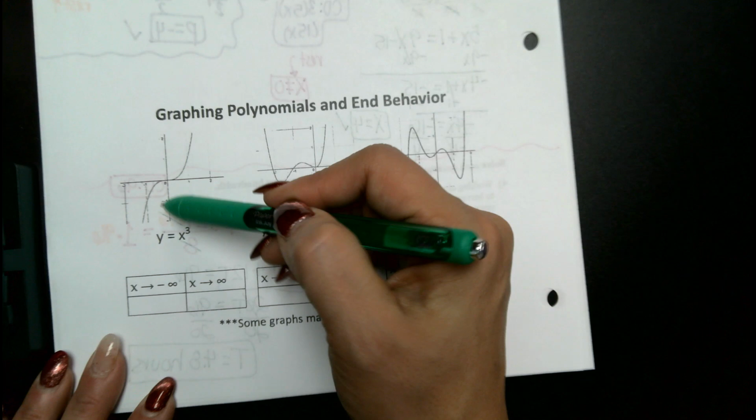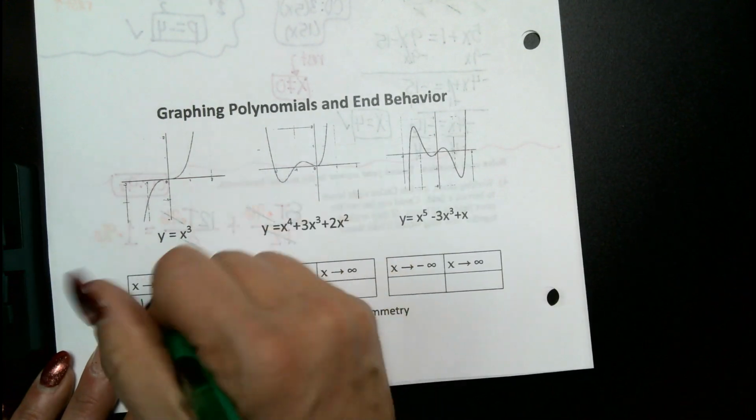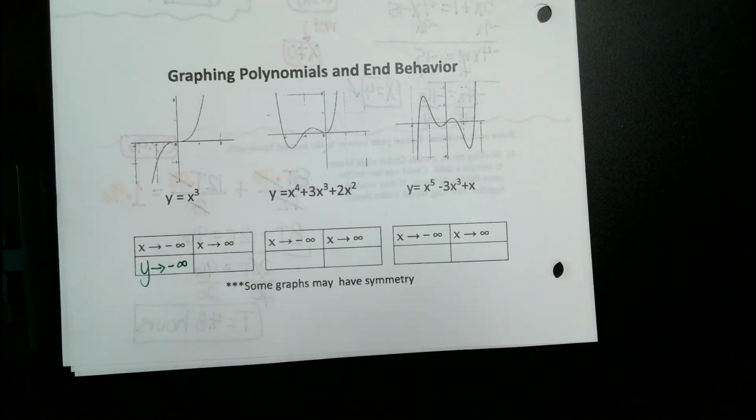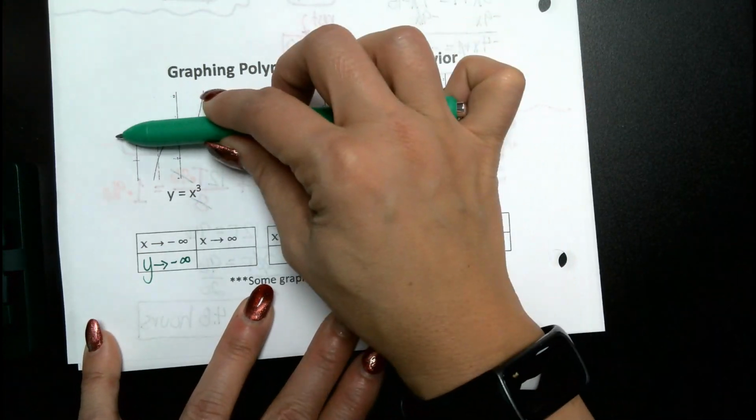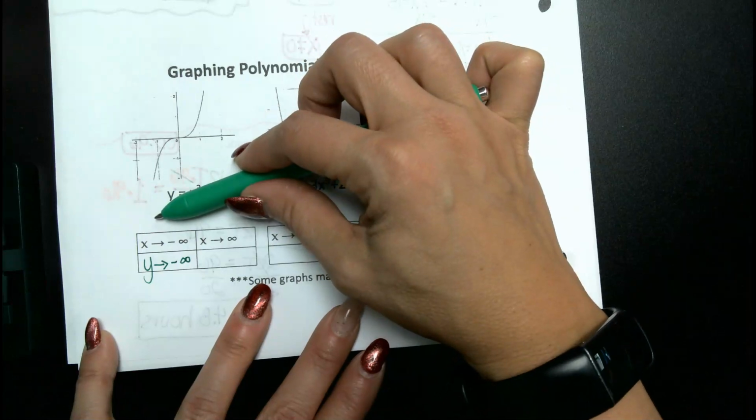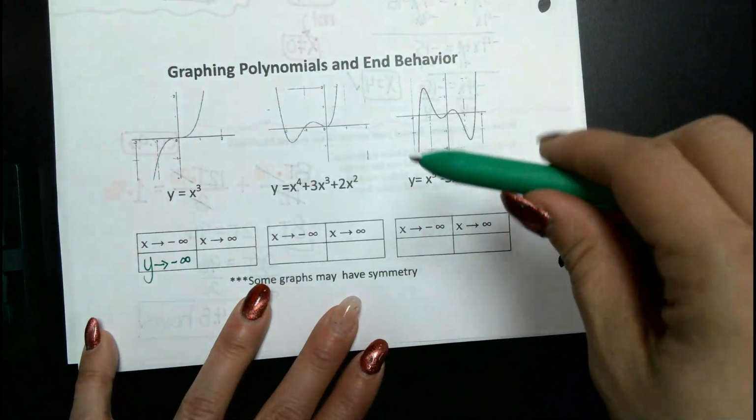So you would put y is going to negative infinity. As our graph moved to the left, as the x value decreased, the y value decreased.